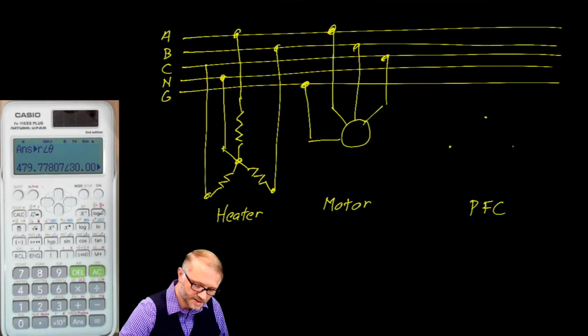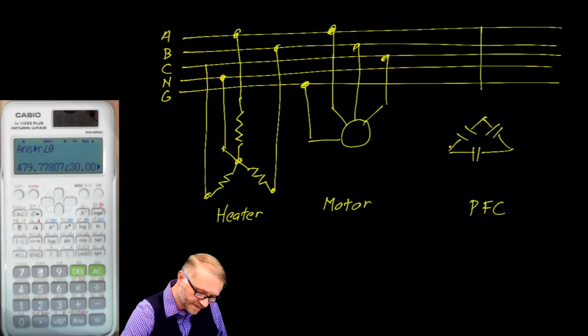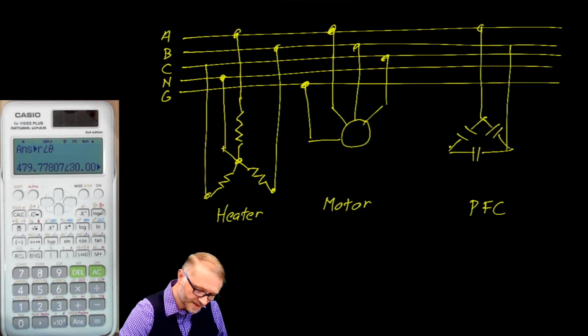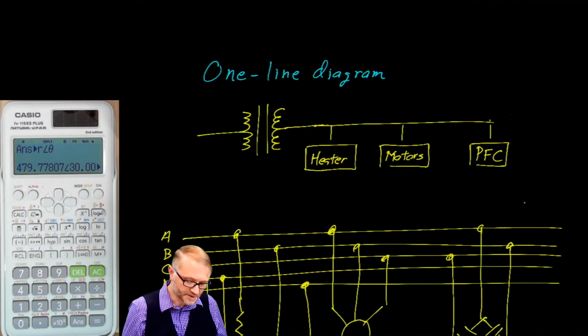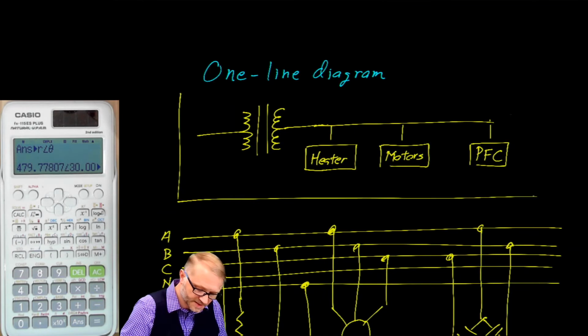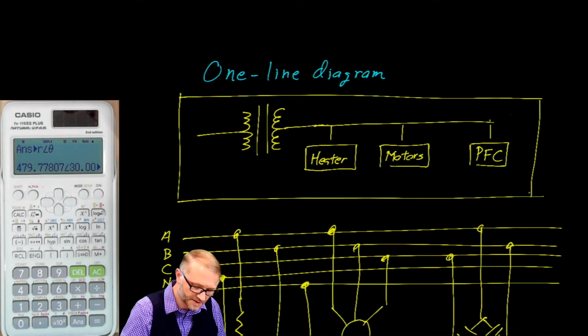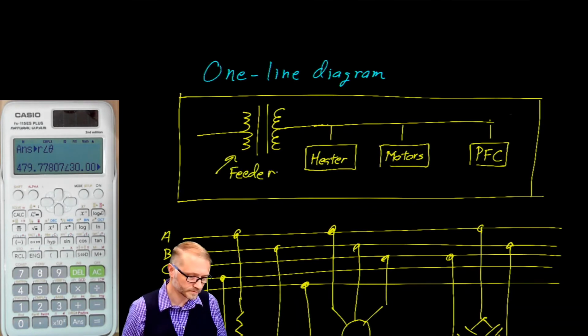We'll show those in a delta configuration, connected to phase A, phase B, and phase C. So that is a representation of the complete factory. I think you'll agree that this one-line drawing makes things a little bit simpler and easier to understand. What we're going to do now is focus in on this feeder transformer. We're going to talk about three-phase transformer connections.